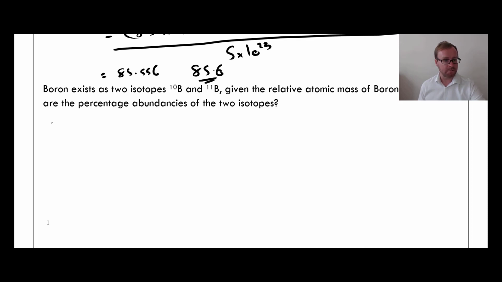So my percentage abundance of 10B plus my percentage abundance of 11B must equal 100. That's my clue. See if you can calculate this and I'll go through it with you in a minute.